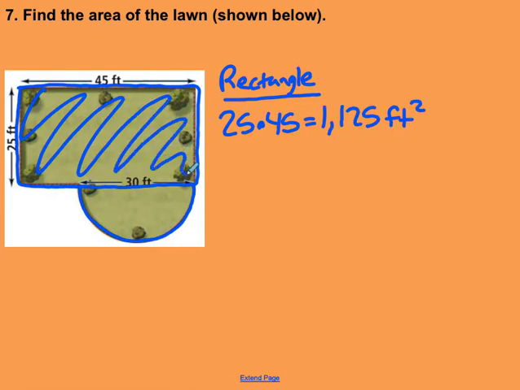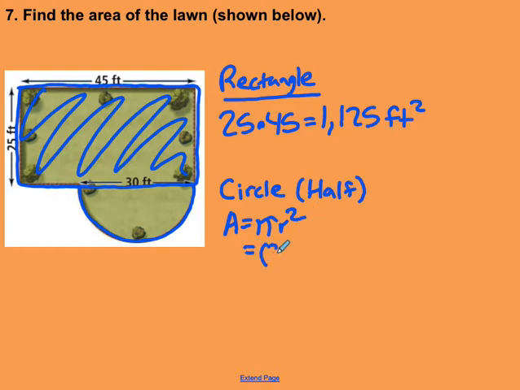Then let's go ahead and find the area of a circle, but remember we're only going to do half of it. So when we find our answer, we're going to divide it in half. Area of a circle, pi r squared. Well, let's use 3.14 to get an approximate here. Radius, this whole thing would actually be considered a diameter, so our radius is going to be 15, so 15 squared.